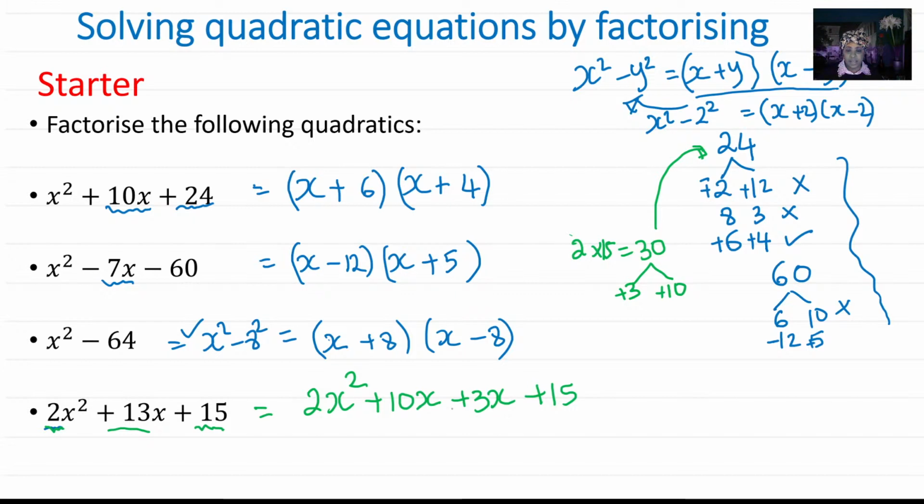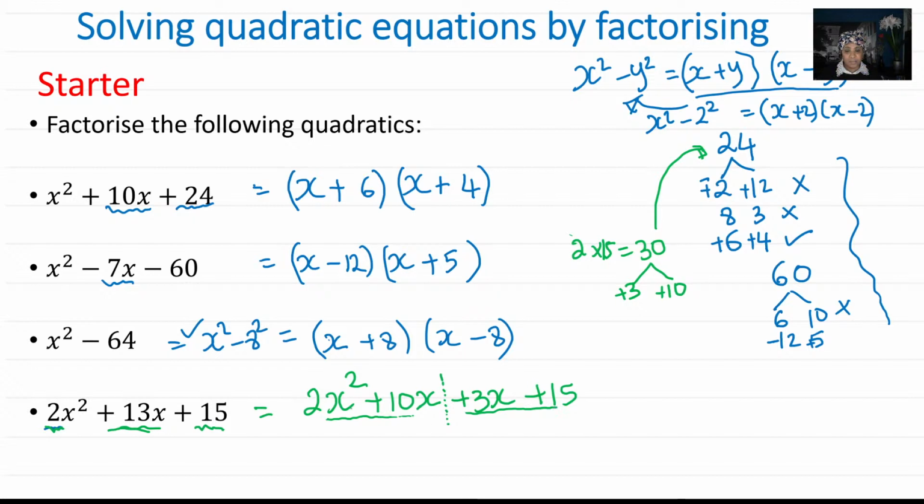So all we have done is split this middle term. Plus 13x is now plus 10 plus 3x. Okay, we're now going to pretend we have a border here. Okay, and we're going to factorize this side and then factorize that side.